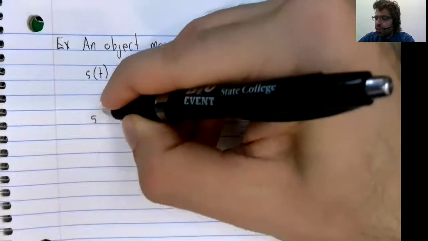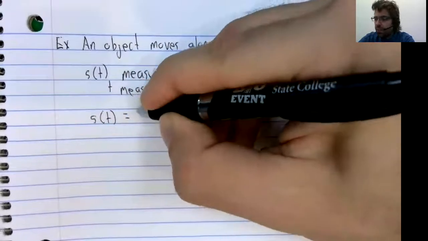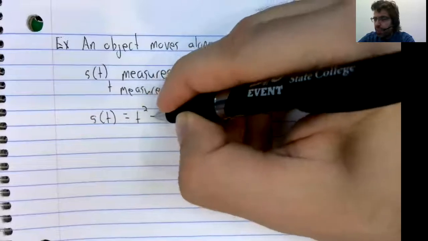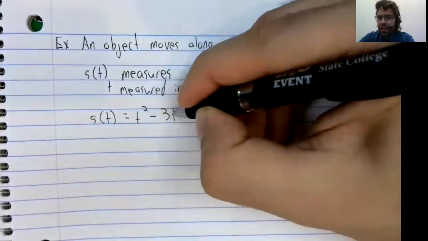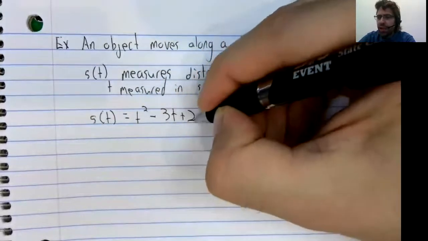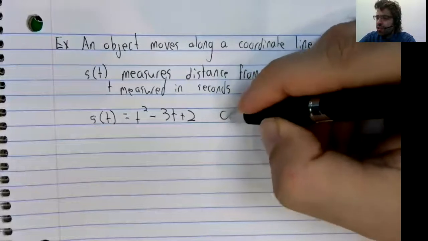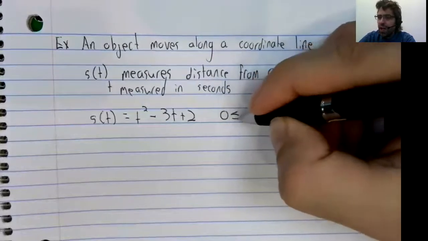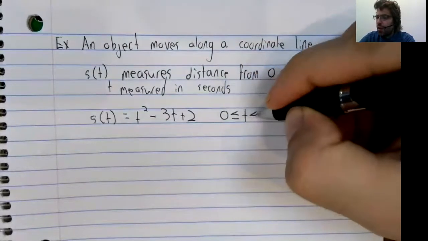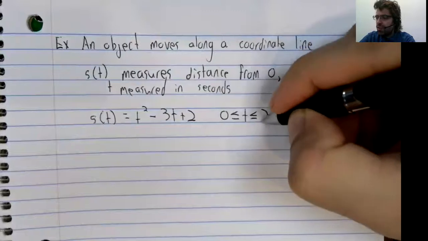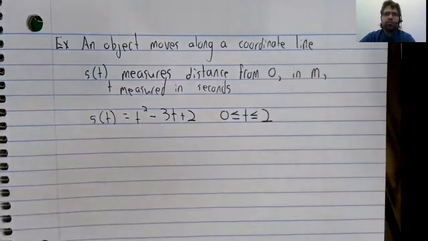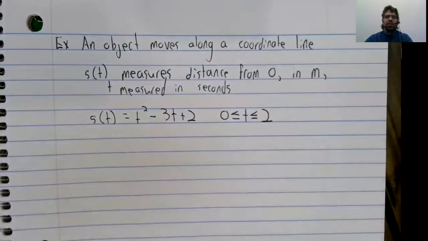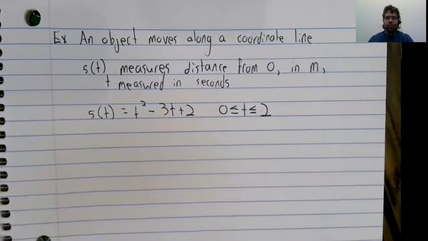So in particular, let's let s of t be quadratic. And let's limit the time this object moves. Let's restrict t on the interval from 0 to 2.